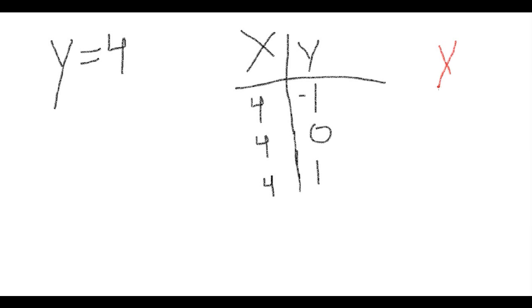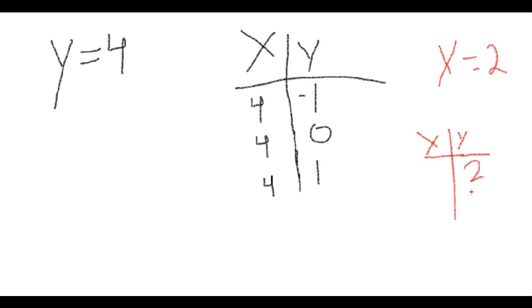Now, if we do a different formula, such as, let's say we have x equals 2. Once again, if we write our x and y table, our x equals 2.